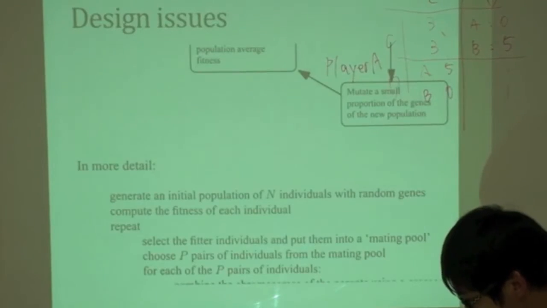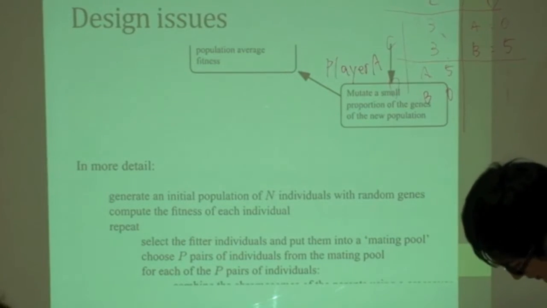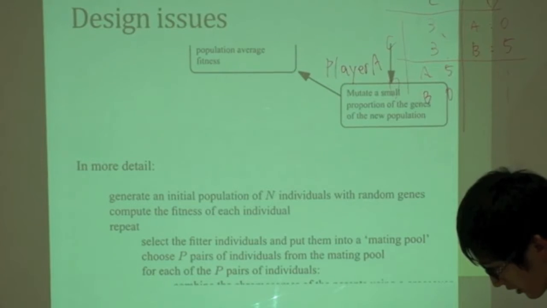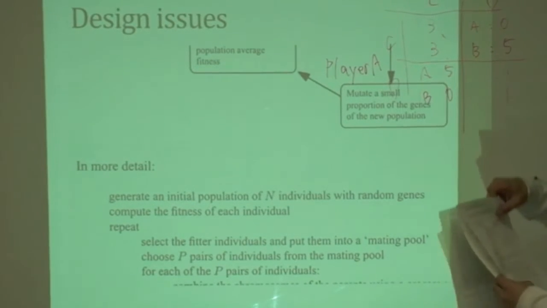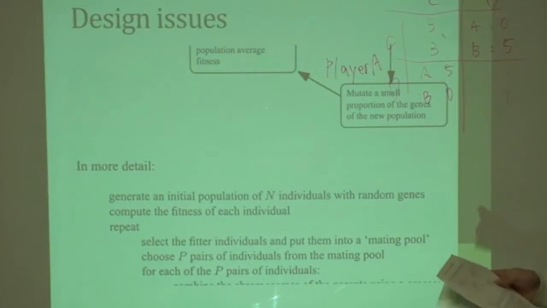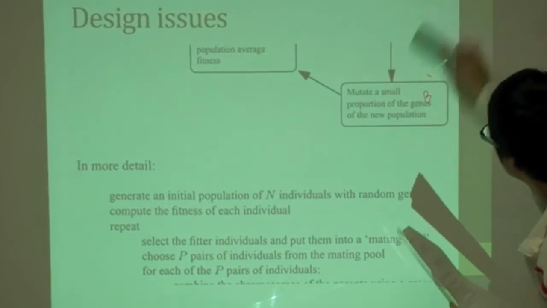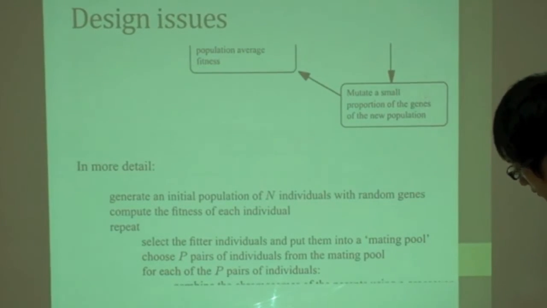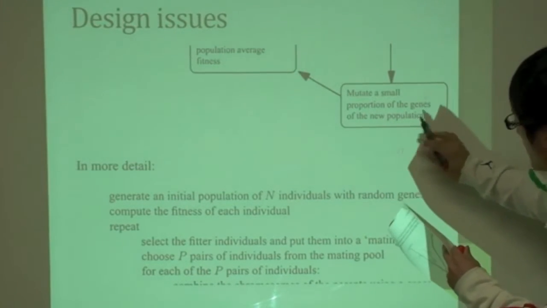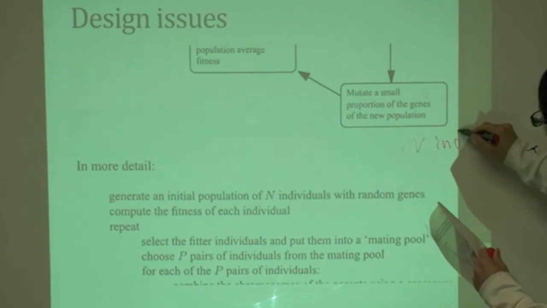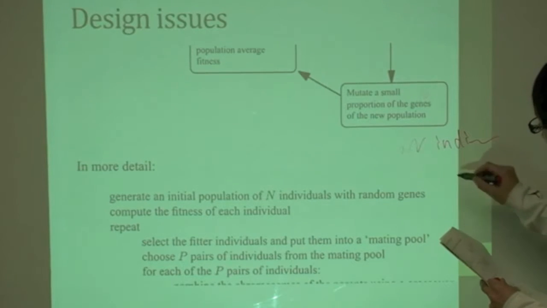And this is a figure of the evolutionary computation algorithm. First, generate n individuals with random genes.